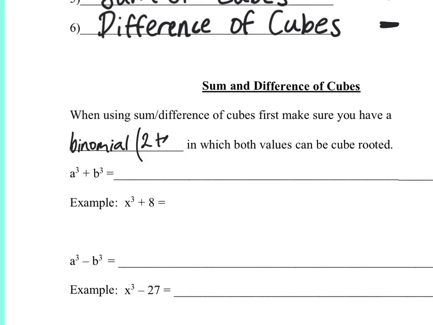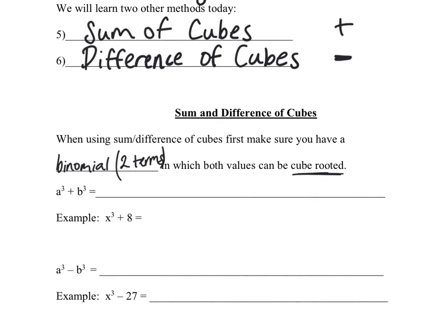Okay, so basically you need 2 terms being added or subtracted, and they both have to be perfect cubes, meaning they can be cube rooted. So, when we had difference of squares, we had to have a perfect square, right? Which meant whenever we typed in our calculator, for instance, the square root of 9, we got a whole number back out.